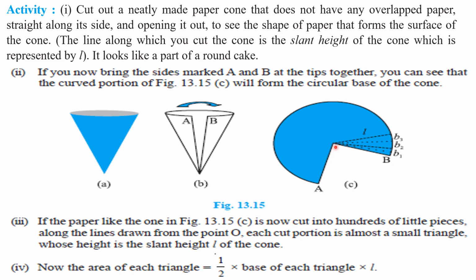So if you cut this figure into small pieces, then they form small triangles, a number of small triangles whose height is the slant height L of the cone. Then the area of each triangle is equal to half into base into height, where the height of the triangle is L. Understood this point, my children?